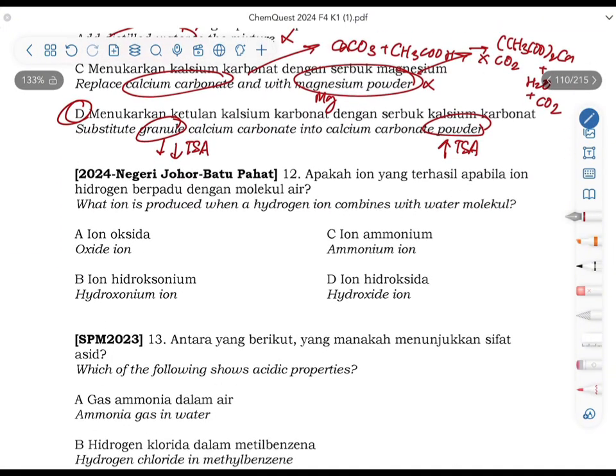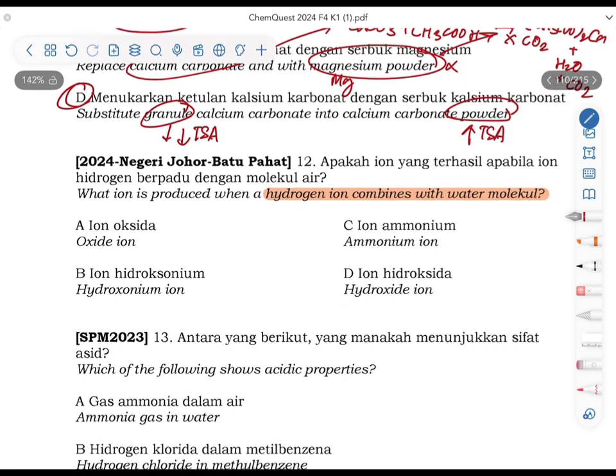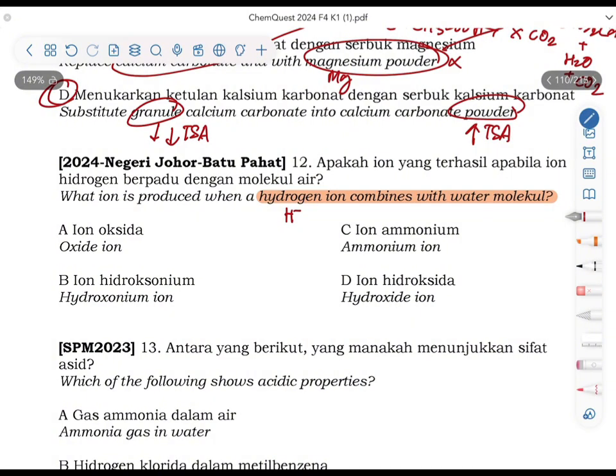Okay, next question. What ion is produced when the hydrogen ion combines with the water molecule? We need to know that the chemical formula for hydrogen ion is H+, and water molecule is H2O. You need to know that the water molecule has a lone pair of electrons, and this hydrogen ion has an empty orbital, meaning it has no electron at this orbital.